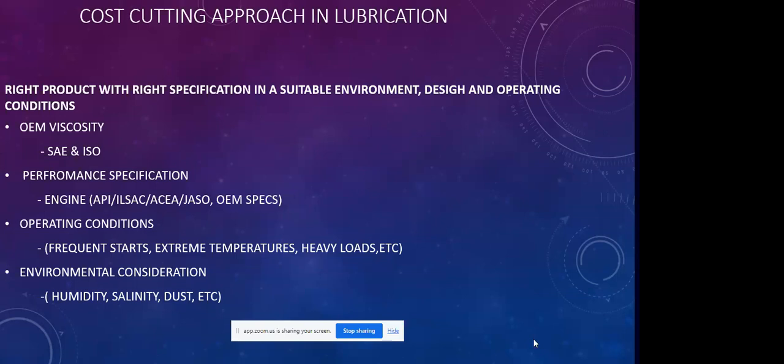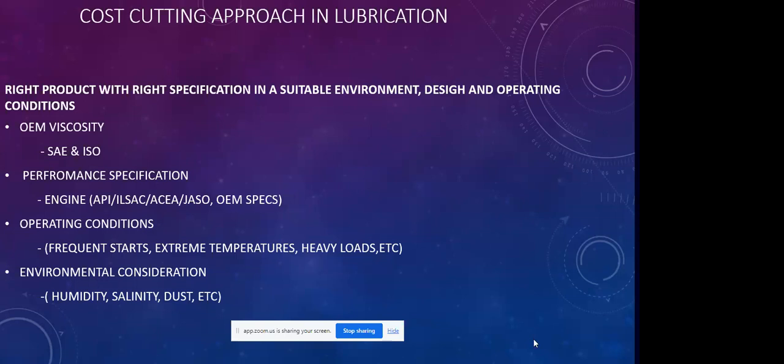I mean machines that undergo frequent start and stop. They are machines that operate under extreme temperatures. In here, we can have temperatures as low as -10, -9. You can have temperatures as high as 150, 200 degrees. So you cannot do lubrication without taking into consideration the operating condition.